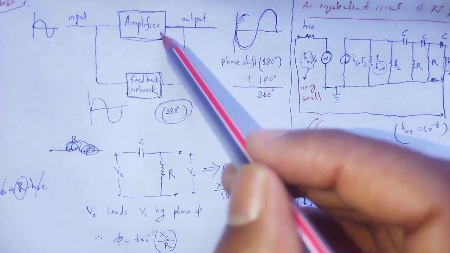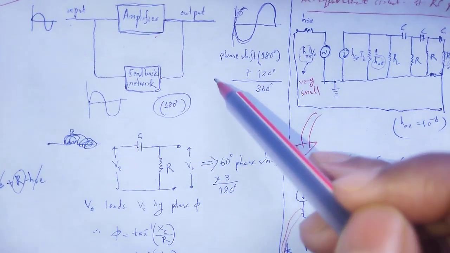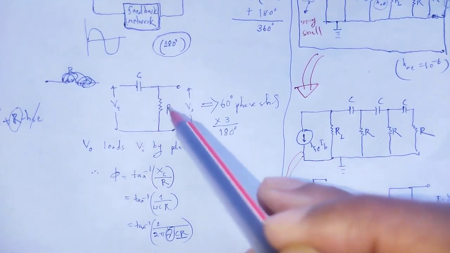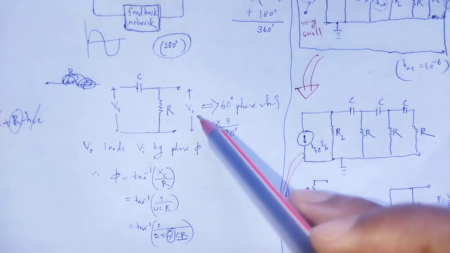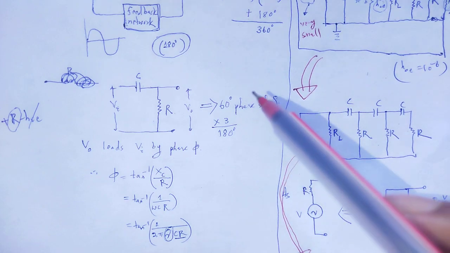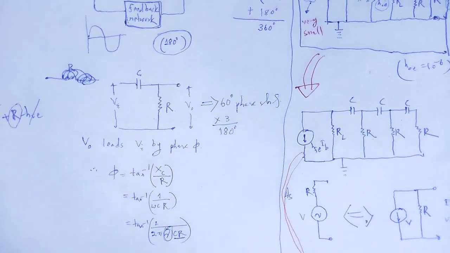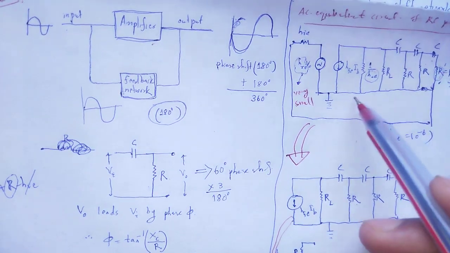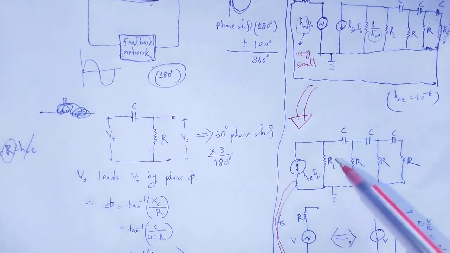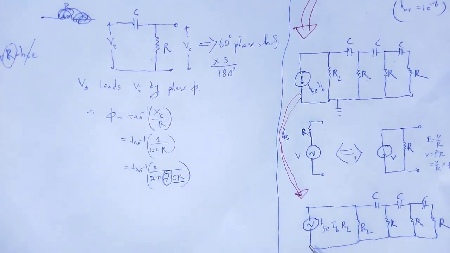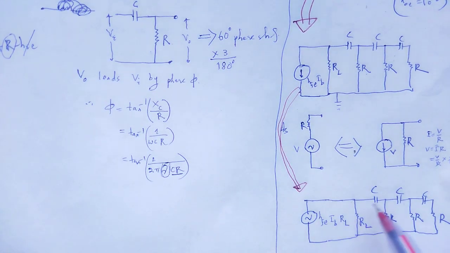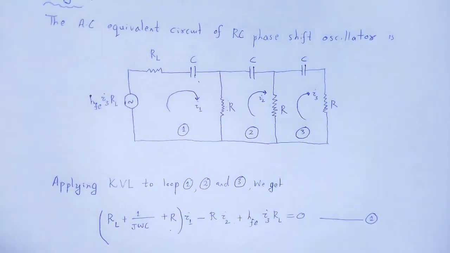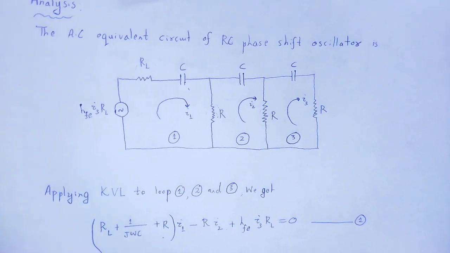By taking amplifier and feedback network, how we call it a phase shift network, and why an RC network is used to get 180-degree phase shift. Then its AC equivalent circuit, how that circuit is changed, and finally we dealt with that circuit. That is the analysis of the AC equivalent circuit of RC phase shift oscillator.